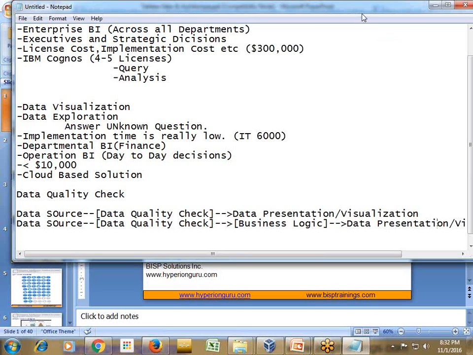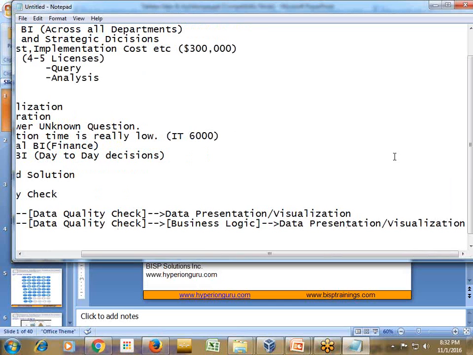Business logic is as simple as this: maybe I need to write business logic to identify who is eligible for a gold credit card. Anybody whose salary is more than $100,000 and liability is less than $500,000 is eligible for a gold credit card. This business logic I cannot write.